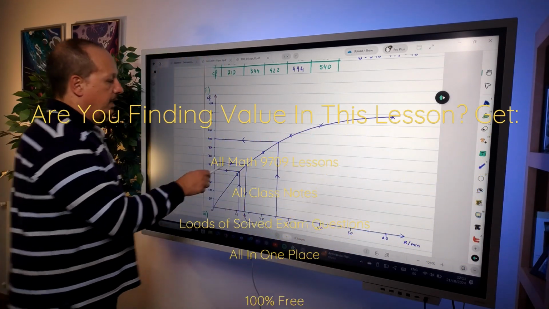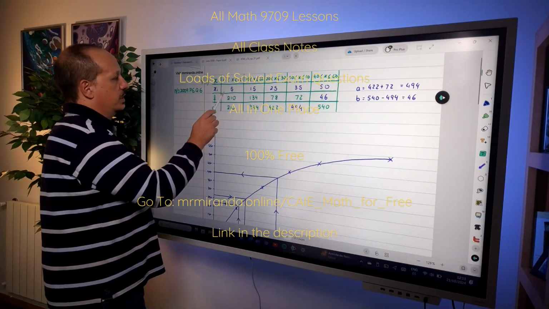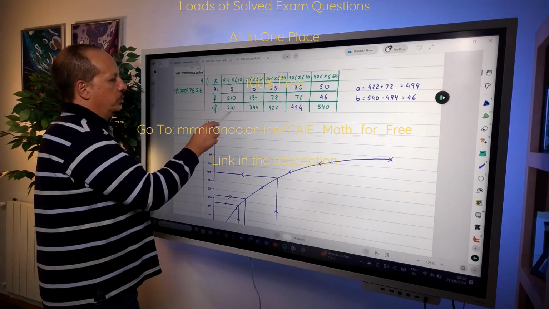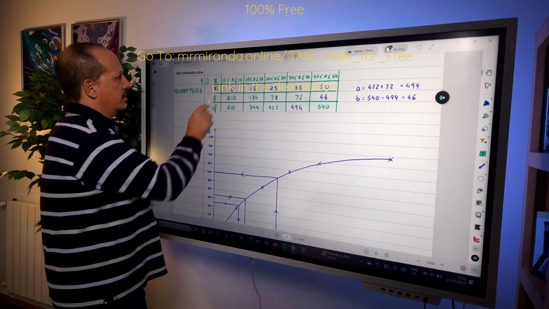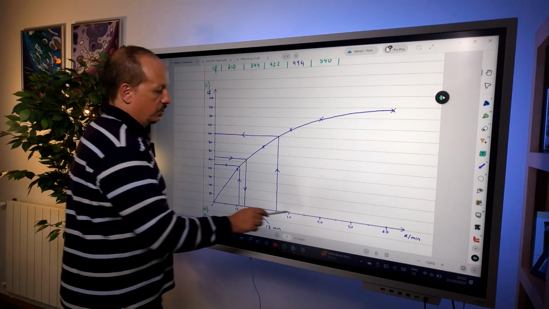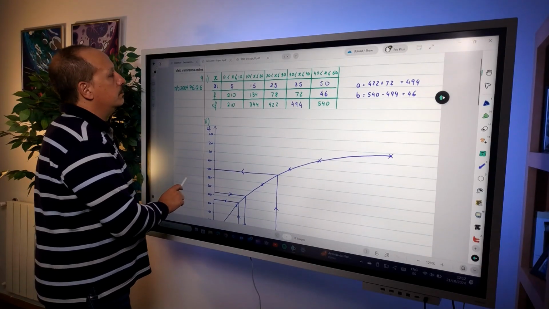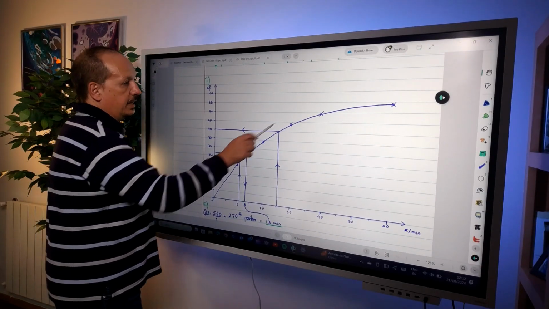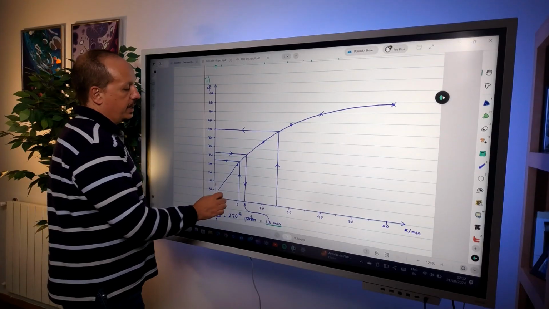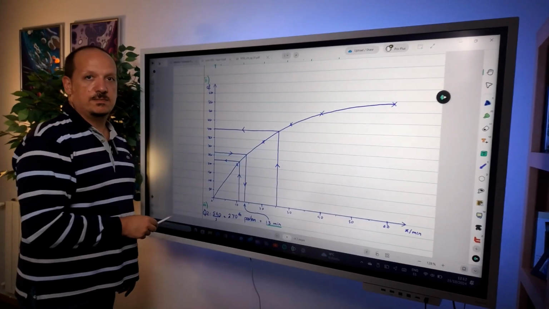I have here 1, 2, 3, 4, 5 points corresponding to the 5 points that you have here. So the cumulative frequency on the vertical axis, and here the class intervals over here. After getting these points, you have to do a freehand curve that passes through them, and it will be something like this.